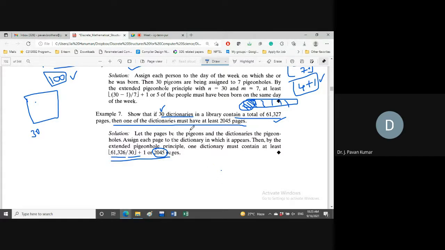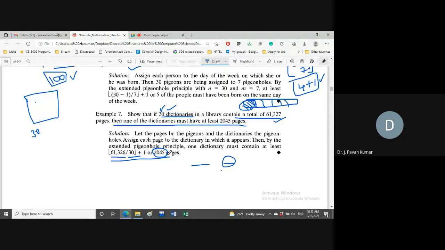If you say, for the same context, 61,327 pages and 30 dictionaries, that at least one dictionary will contain 2 pages, that is not at all useful. Yes or no? Try to understand my point. If one dictionary contains more than one page, it is of no use.